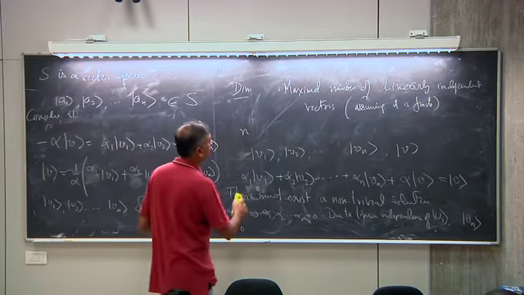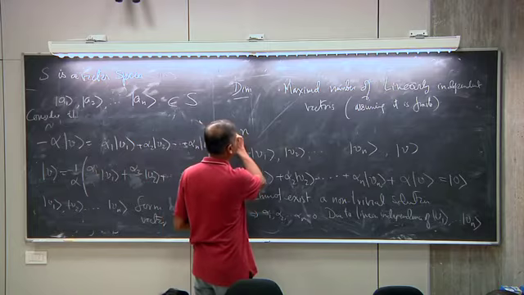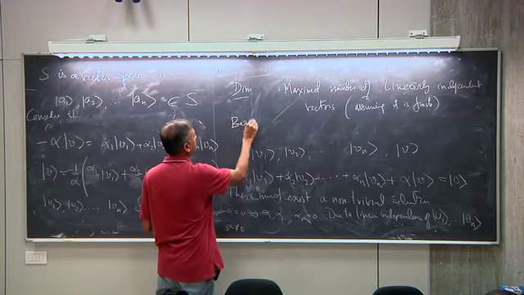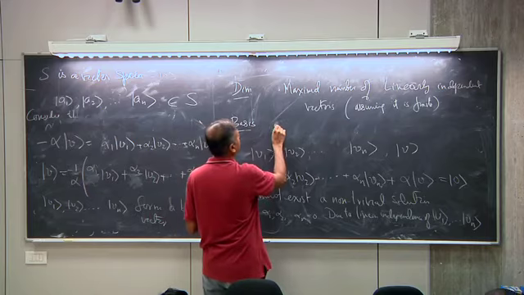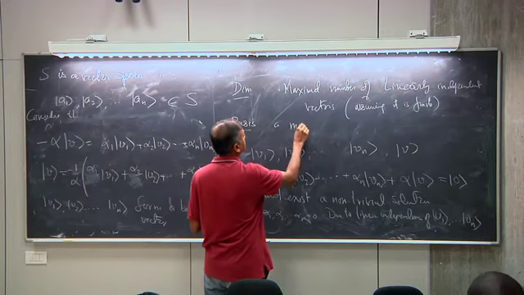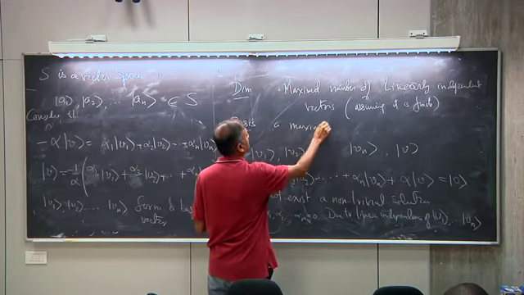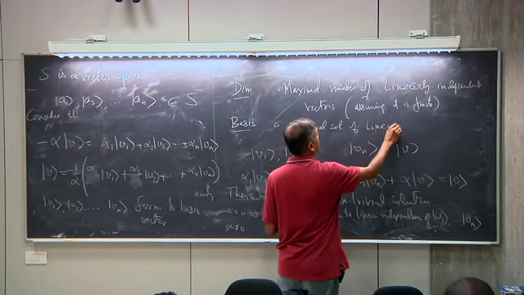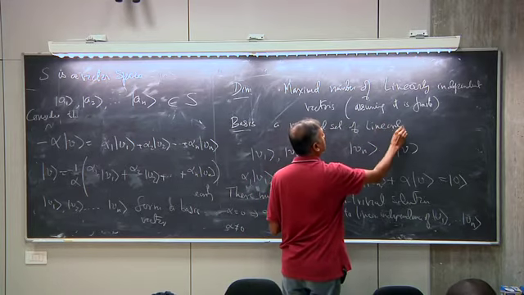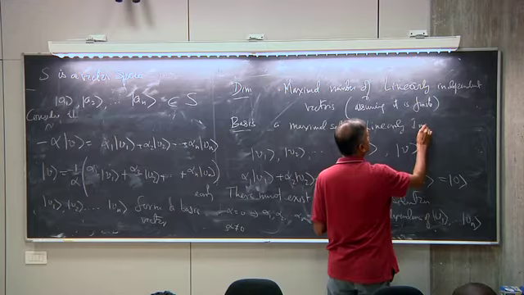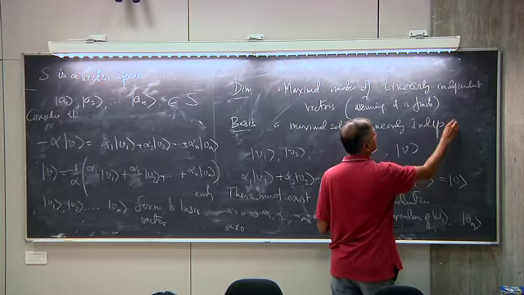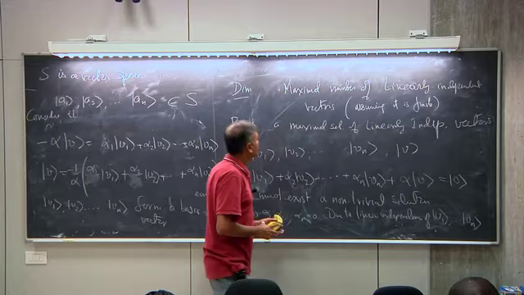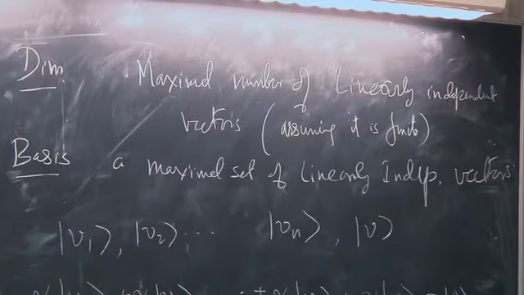So this is a definition. A basis is a maximal set of linearly independent vectors.